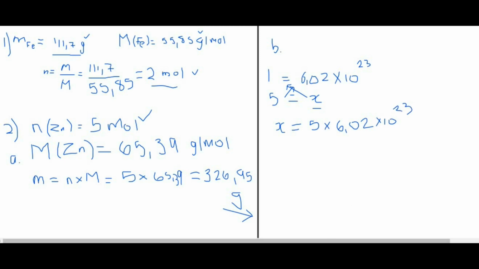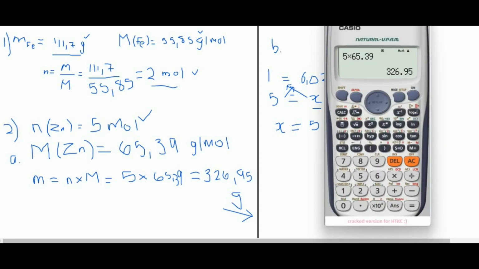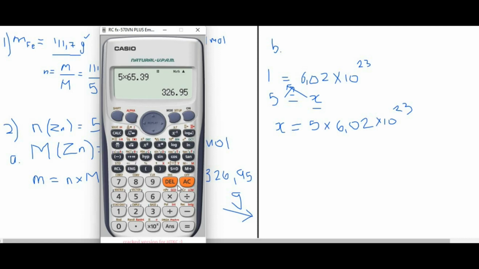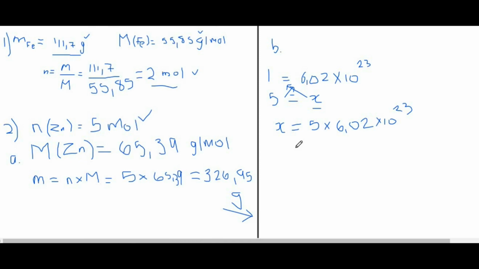Okay, so let's put this in a calculator. I'll move this a bit, so clear that. So you say 5 multiplied by 6.02 multiplied by 10 to the power of 23. Then you say okay, and you find that you get a value of 3.015.